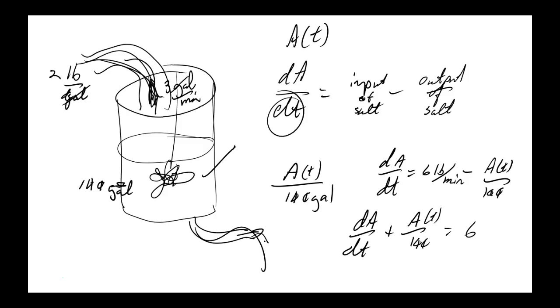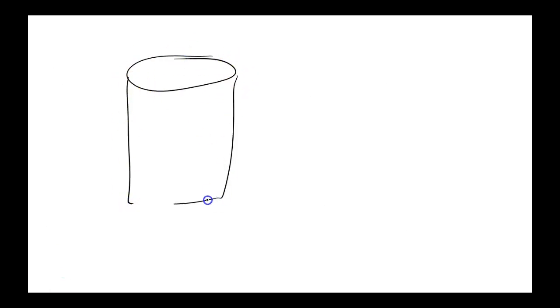Okay. Now, what if you had no inflow and you were draining a tank? There's another problem, and let me start from scratch here, because this is a different problem. This time we have a tank, and we have a little hole at the bottom that you're draining it through.